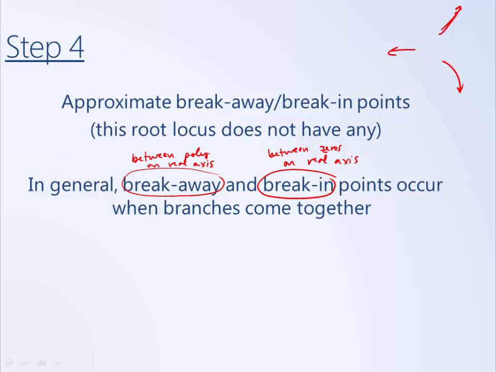Since we know that branches leave poles, you can imagine 2 branches leaving 2 poles and meeting in the middle and breaking out. And since branches approach zeros, you can also imagine 2 branches meeting on the real axis and then breaking in to approach the zeros on the real axis.